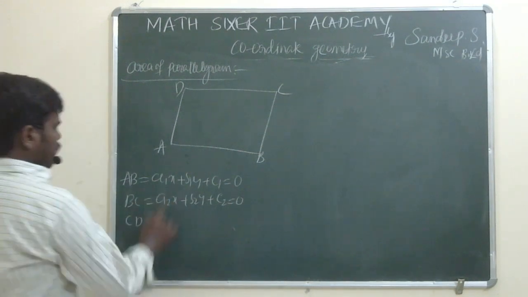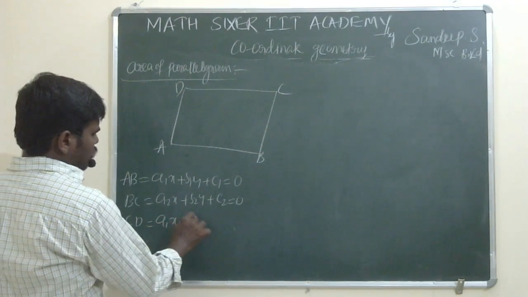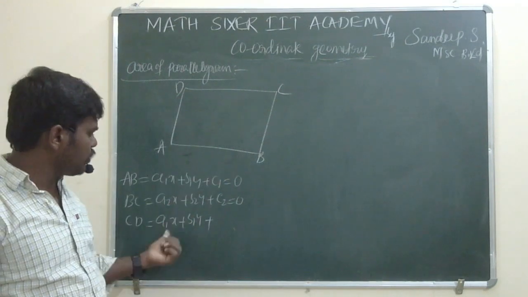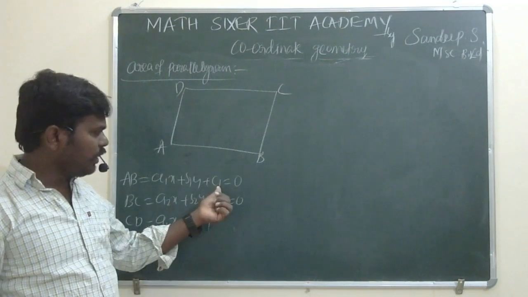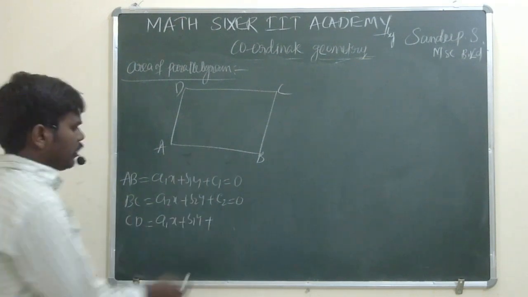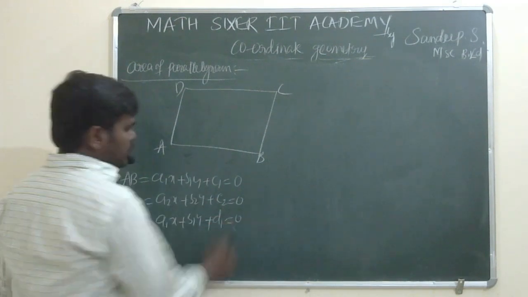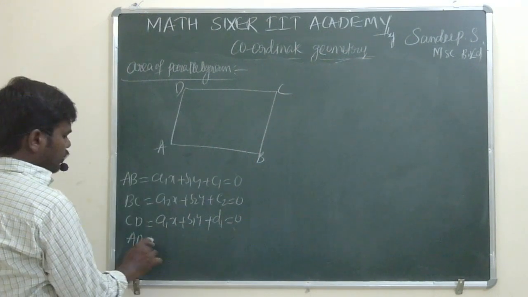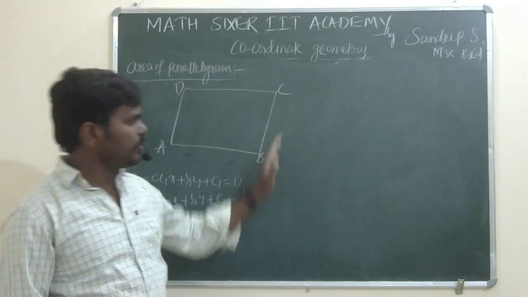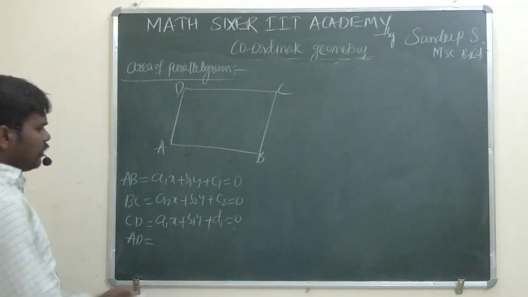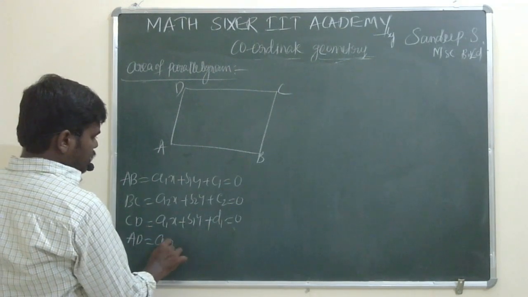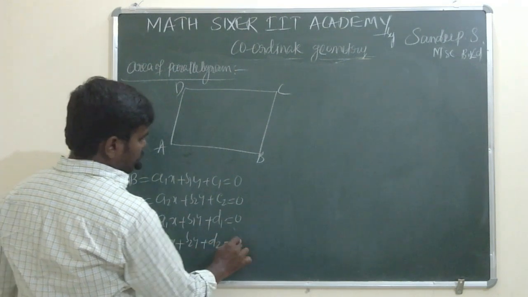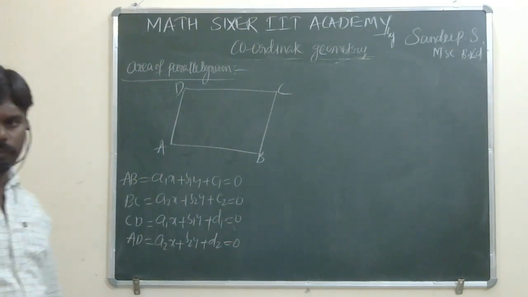So here a1x plus b1y, these two are parallel, so I have written the same x and y coefficients and only the constant differently. I am writing d1 is equal to 0. Next, AD is opposite to BC, so we write a2x plus b2y plus a different constant, that is d2 is equal to 0.